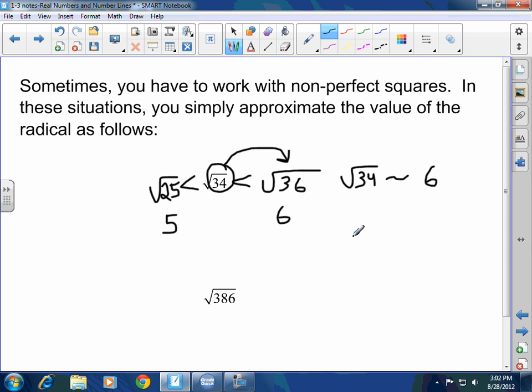If I want an approximation to, let's say, the nearest tenth, then this wouldn't be as easy to do. In this case, you would still know that the square root of 34 is closer to the square root of 36. So immediately you know it's going to be 5.6 or above, at least 5.5 or above.